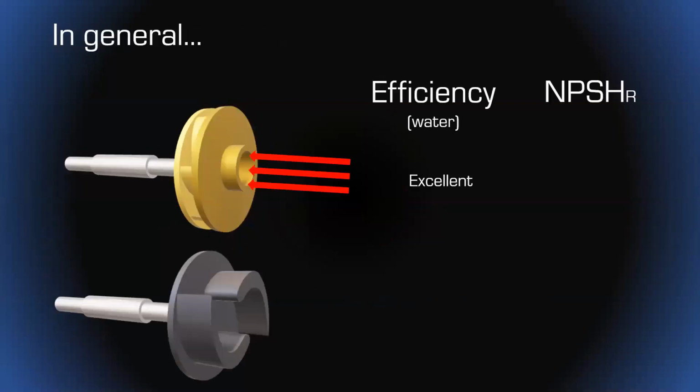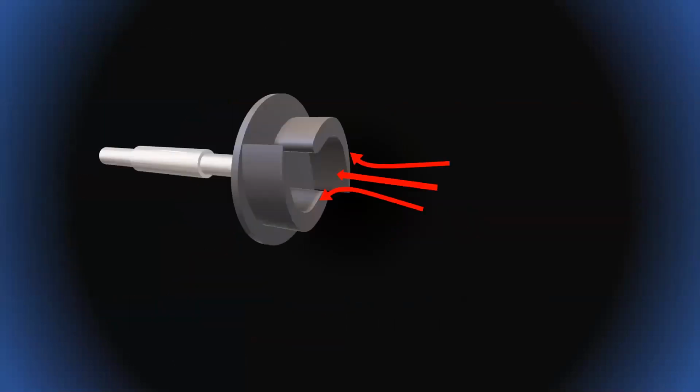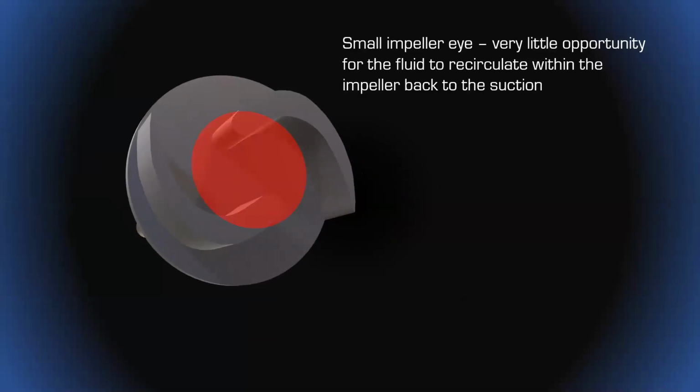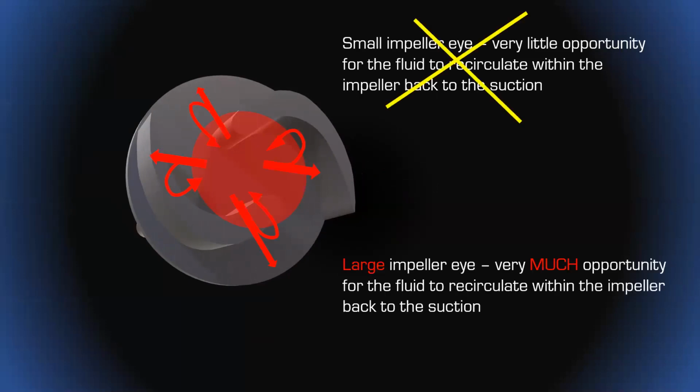Whereas a semi-open impeller, 2-vane, very open, has less than excellent efficiency. And let's see why. Well, because the suction area is very, very large. That means that liquid is still being influenced even as it gets further and further out. It's still being influenced by this vacuum generated, and therefore it's always going to have a tendency to recirculate and go back, pumping a liquid more than once or twice.